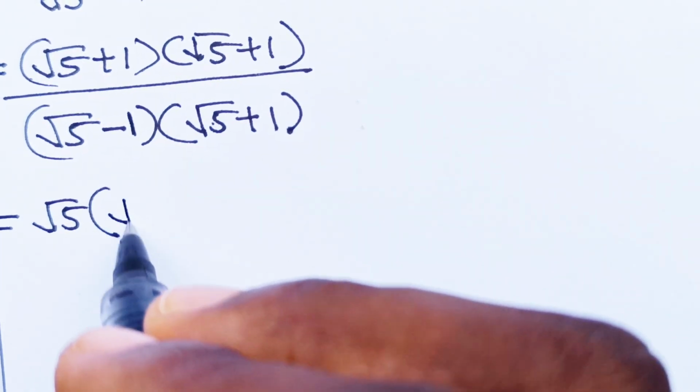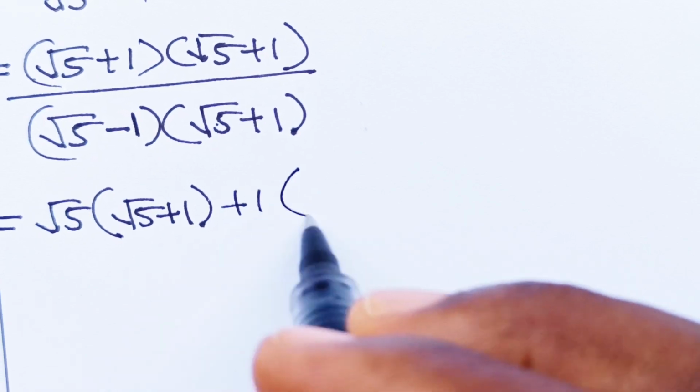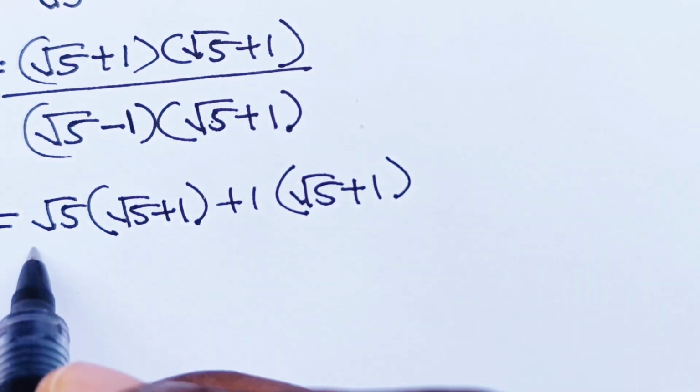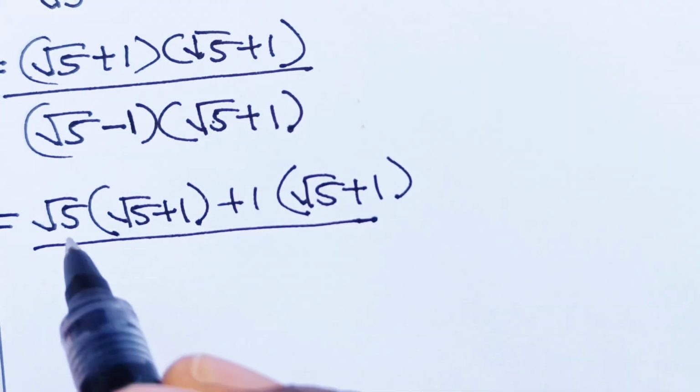Okay, now it's time for us to expand those brackets. So this is equal to square root of 5 multiplied by this, right? So we have root 5 plus 1 here, then plus 1 multiplied by this as well, root 5 plus 1, everything divided by.